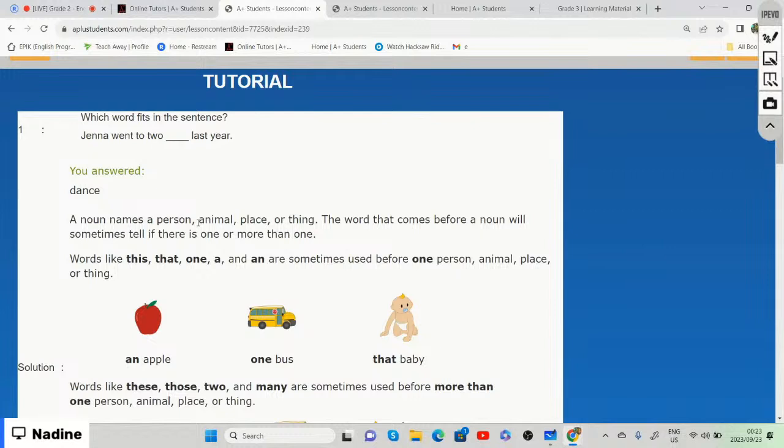And the word that comes before a noun will sometimes tell us if there is one or more of that one, right? And we said that words like this, that, one, a, and an are sometimes used before one person, one animal, one place, or one thing.